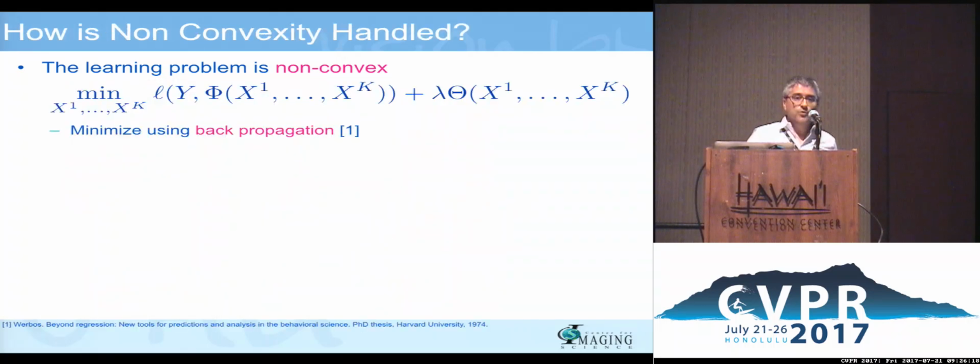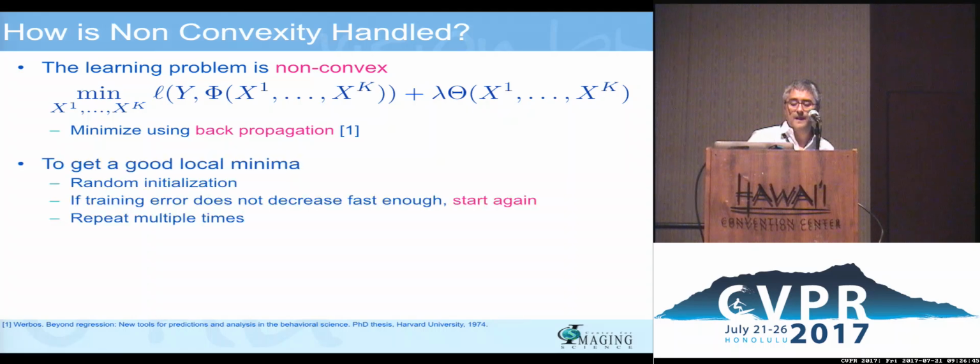So how do people handle the non-convexity today? By and large, the method of choice for training deep networks is backpropagation. And today it is done with stochastic gradient descent, where you compute the gradient based on small batches of the data. But really, at the end of the day, the technology is a particularly specialized form of gradient descent for doing the minimization.